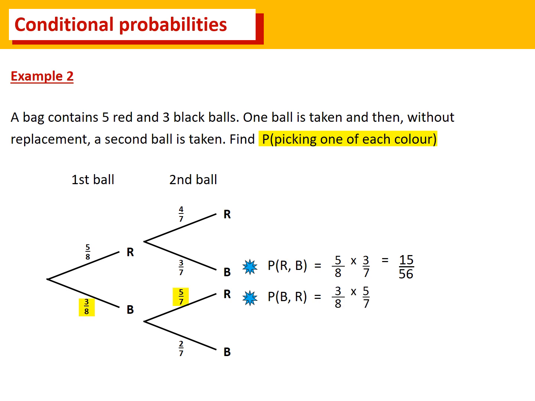So we multiply along those 2 branches, the black branch followed by the red branch, and we get 15 out of 56 again. Either of those 2 outcomes satisfy the event picking a ball of each colour. So we add the 2 probabilities together, and that gives us 15 out of 28. And that's the probability of picking a ball of each colour.